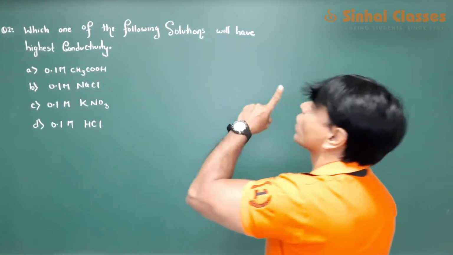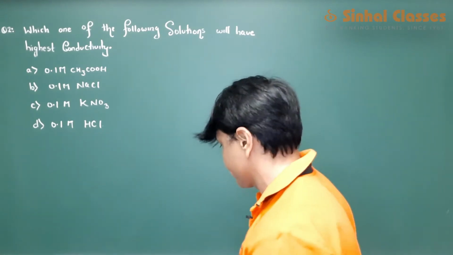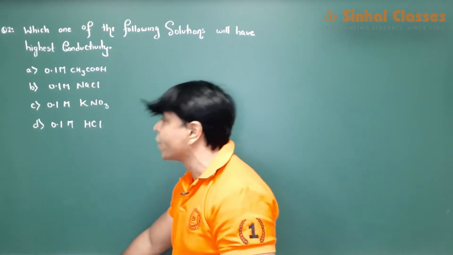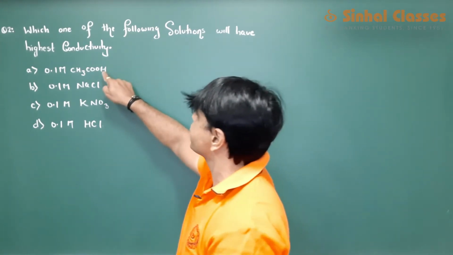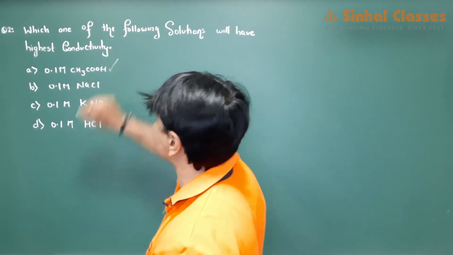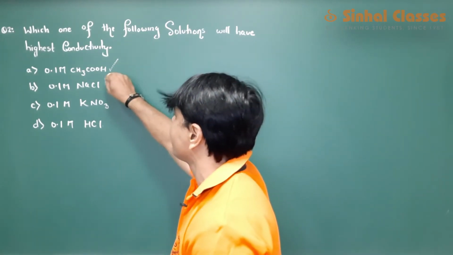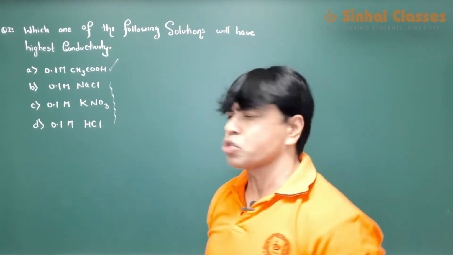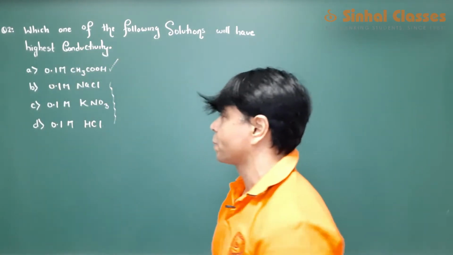Which one of the following solutions will have the highest conductivity? Now if you see your options very carefully, you realize this is a weak electrolyte and these three are strong electrolytes. Concentration is the same.